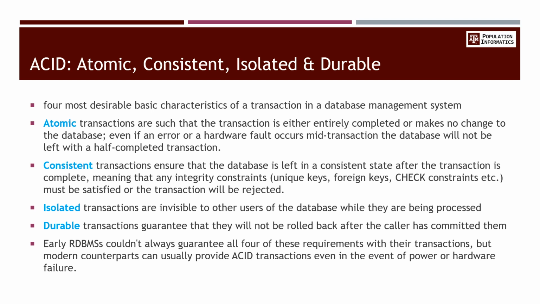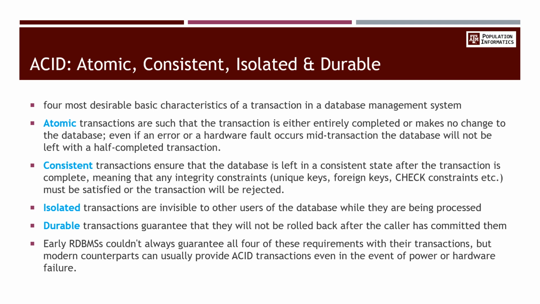Consistent transactions ensure that the database is left in a consistent state after the transaction is complete, meaning that any integrity constraints such as unique keys and foreign keys are checked and must be satisfied, or the transaction will be rejected. Isolated transactions are invisible to the other users of the database while they are being processed.